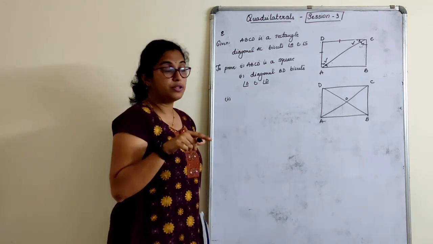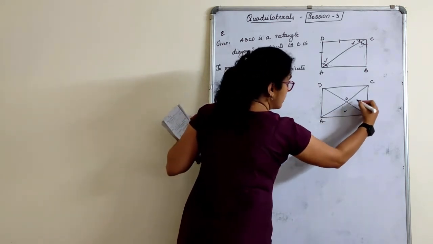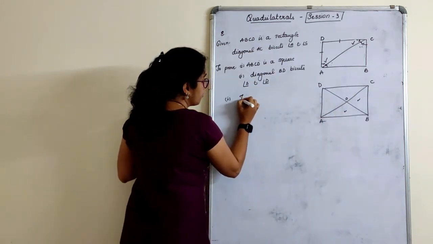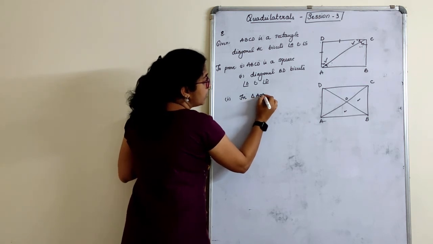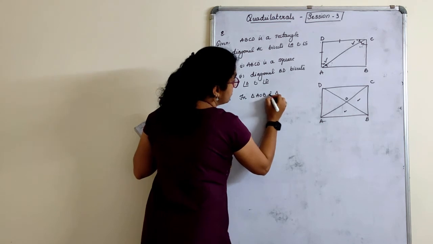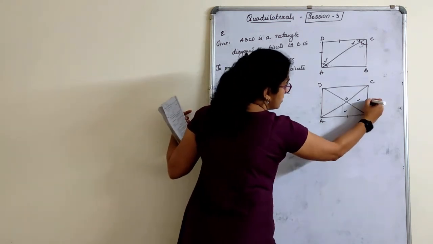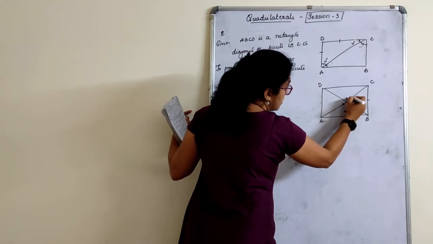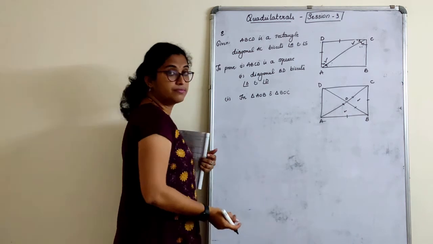This was the first part of the proof, now this is the second part. In the second part of the proof, I will choose adjacent triangles. In triangle AOB and triangle BOC, see here, this side is equal to this side, and this side is equal to this because diagonals bisect each other, common side, right?